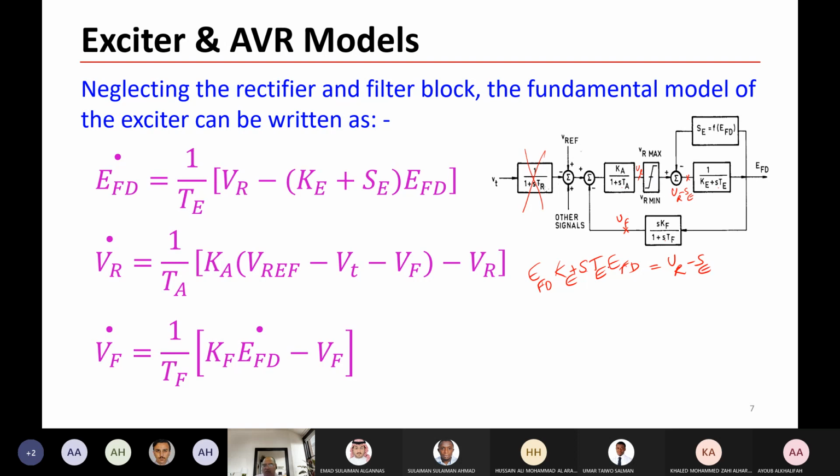So EFD dot equal to 1 over TE multiplied by VR minus SE EFD minus KE EFD.